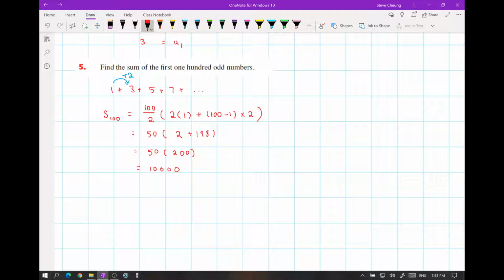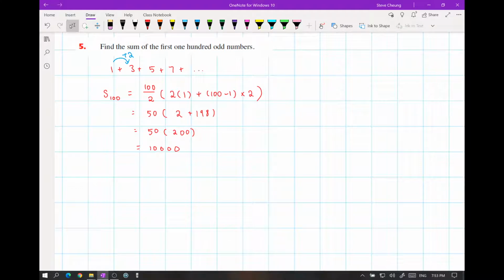And exactly 10,000. You could also write down what the last number will be, what's the 100th odd number. But some of you may not be so sure, is it 199, is it 201, or is it something else?